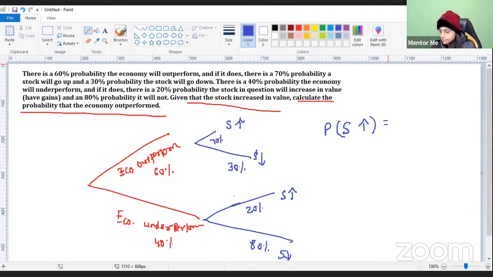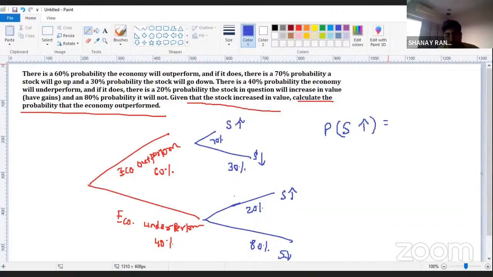कैसे करेंगे? Ma'am, so if the economy outperforms, we have a 60% probability. And if that happens, we have the probability of the stock going up is 70%. So 60 into 70. So that is 0.42 of the probability of the stock going up if the economy outperforms.